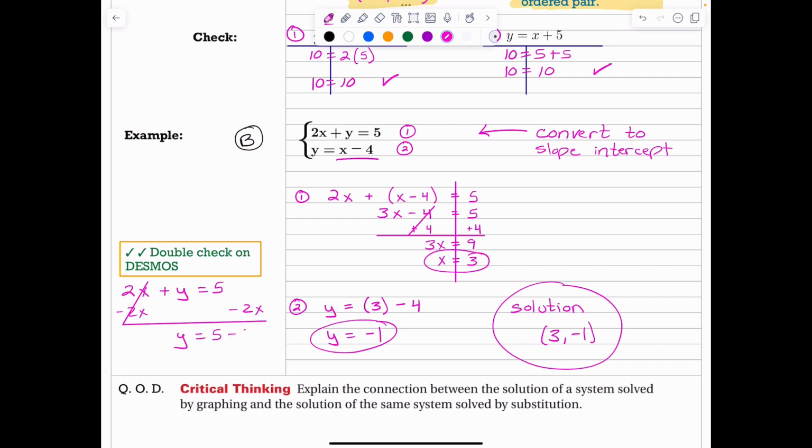And I have 5 minus 2x. And that's fine. That right there is fine for Desmos. Proper slope-intercept form, you're going to write your slope first and then your y-intercept. So this right here, we're going to put that into Desmos. That's our first equation. And we're also going to use our second equation.